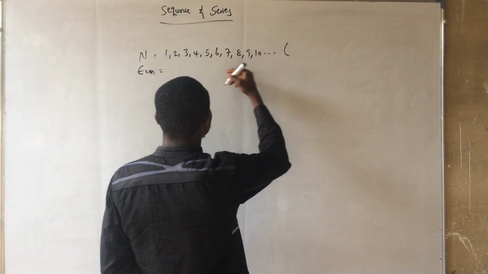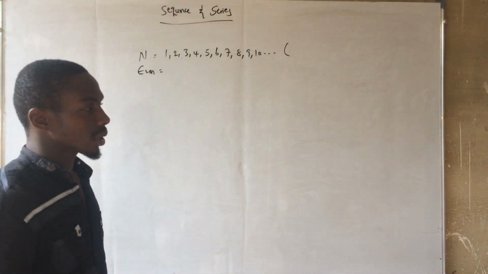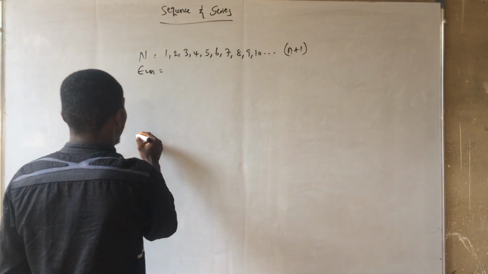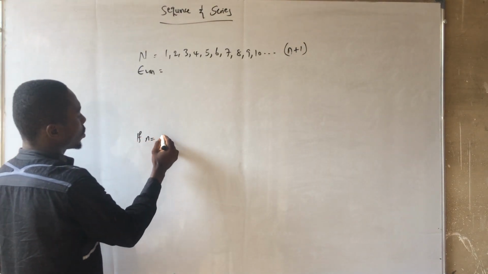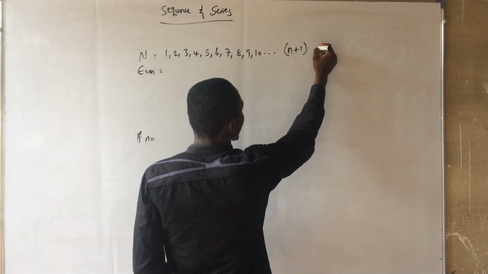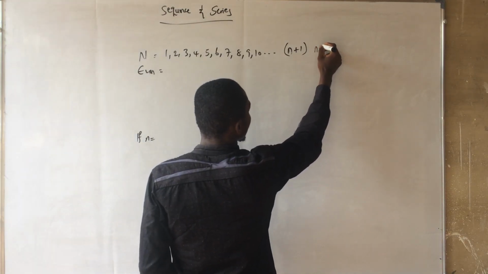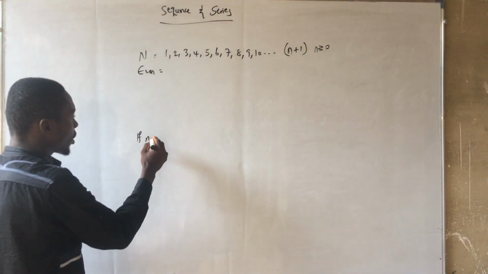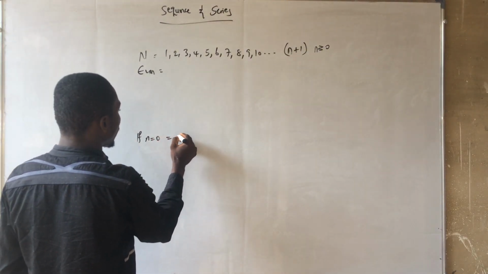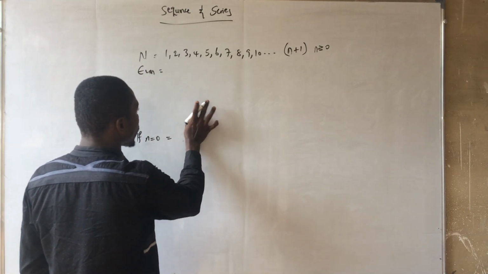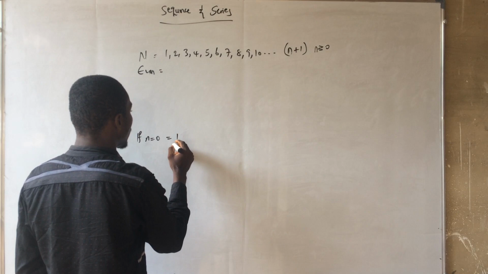The general method of writing these natural counting numbers is n plus 1, where n is greater or equal to 0. If n is equal to 0, we'll have 1.